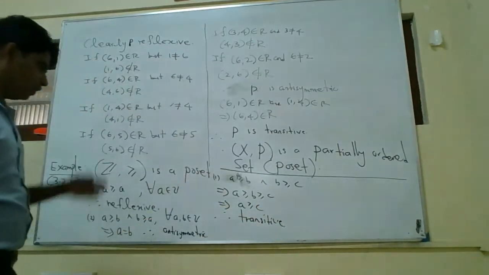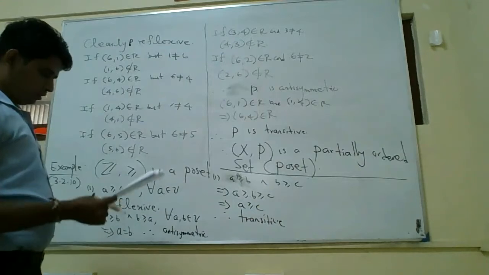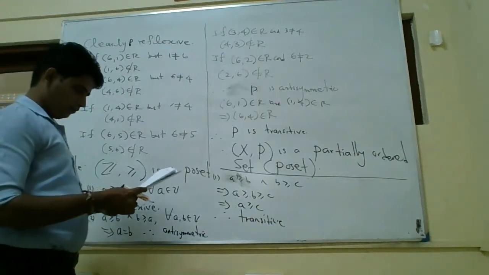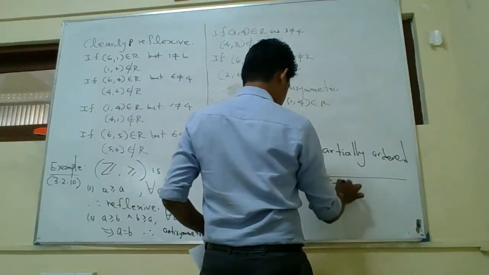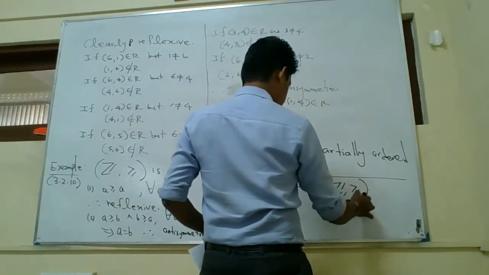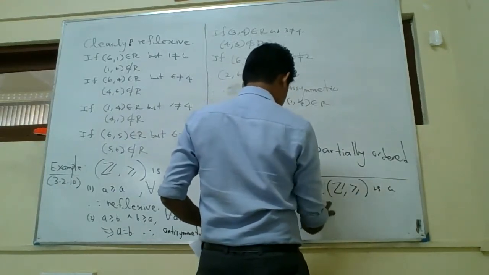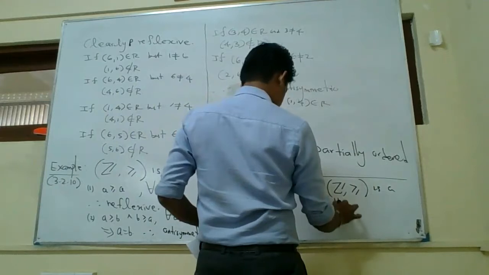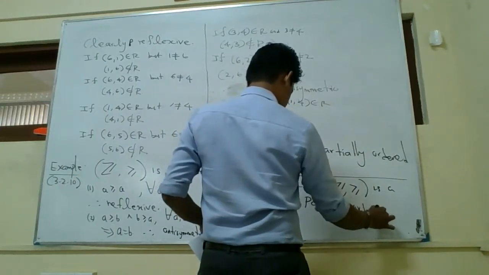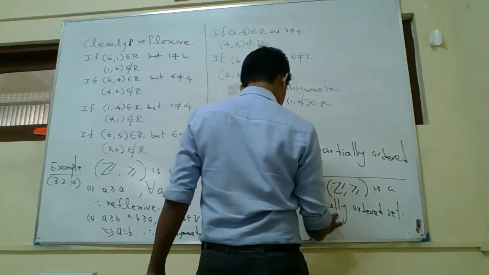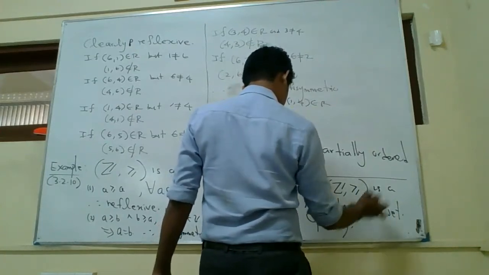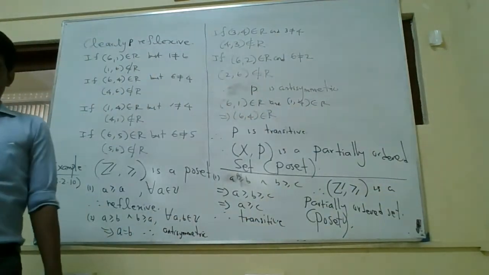Reflexive okay, antisymmetric okay, transitive okay. Therefore, this order is a partially ordered set.